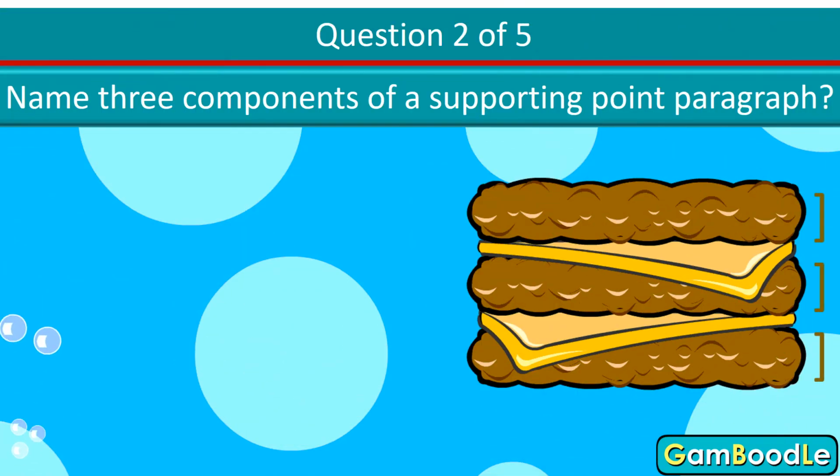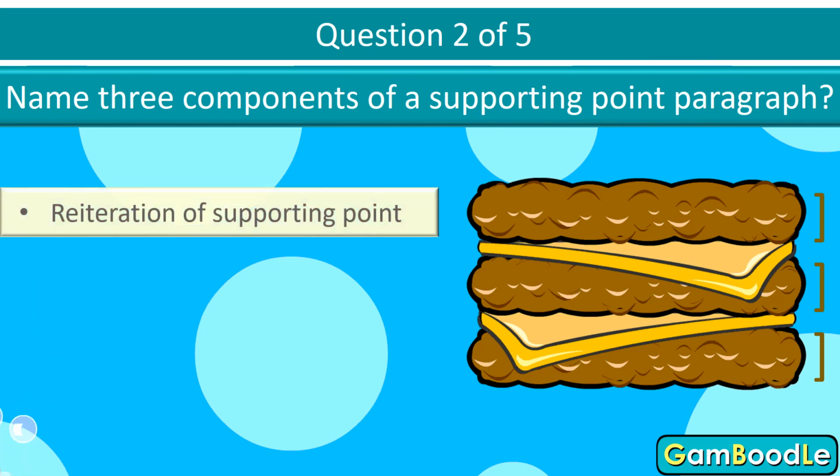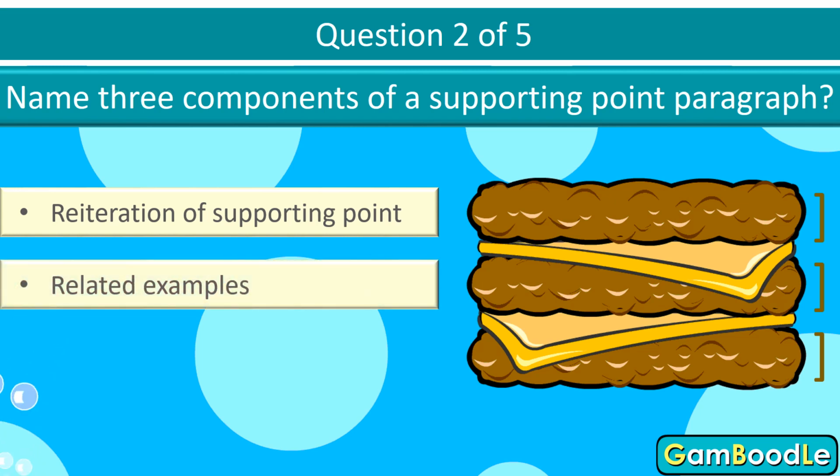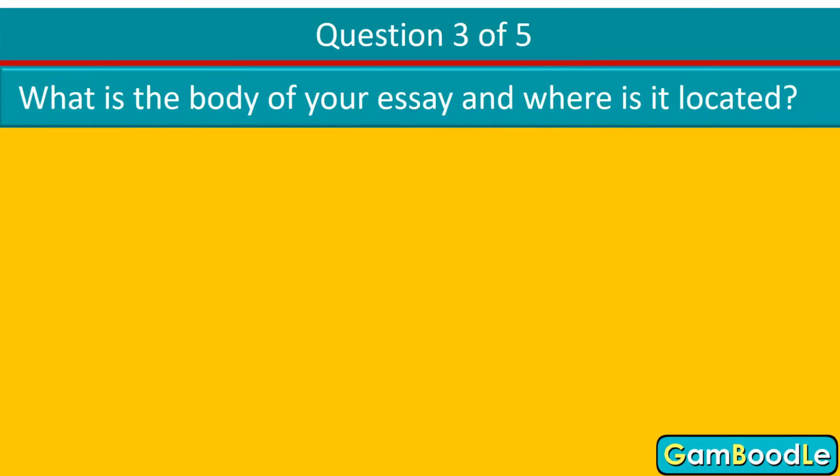Name 3 components of a supporting point paragraph. A reiteration of the supporting point in a complete sentence, related examples that illustrate or reinforce the supporting point, and responses to possible counter-arguments.